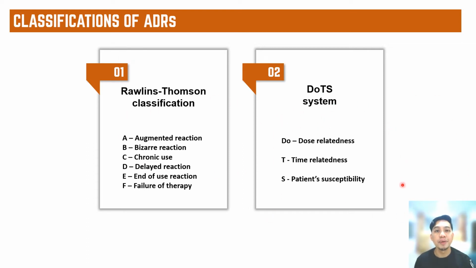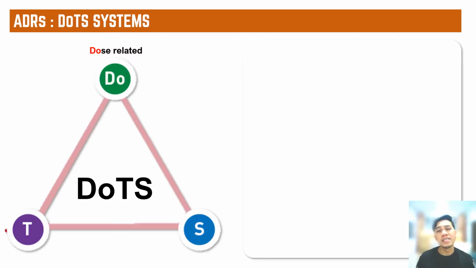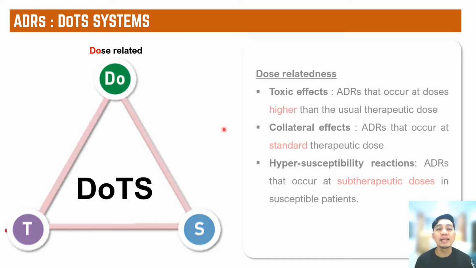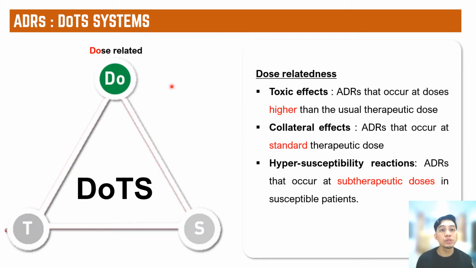an individual patient's susceptibility. The DoTS system first considers the dose of the drug because many adverse effects are clearly related to the dose of the drug used. For example, increasing the dose of cardiac glycoside will increase the risk of digitalis toxicity.